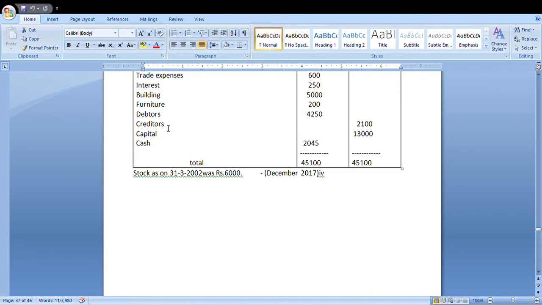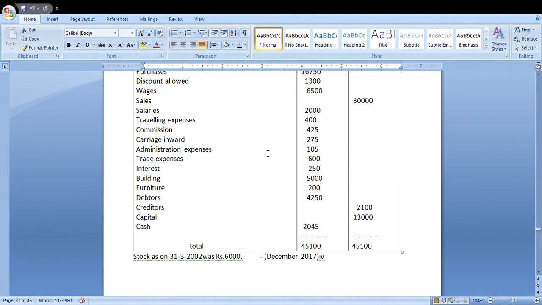Creditors are a liability, so they do not enter the profit and loss account. Capital is also a liability. It does not enter the profit and loss account. Cash is also an asset. It does not enter the profit and loss account.